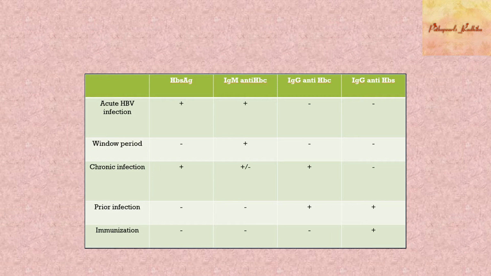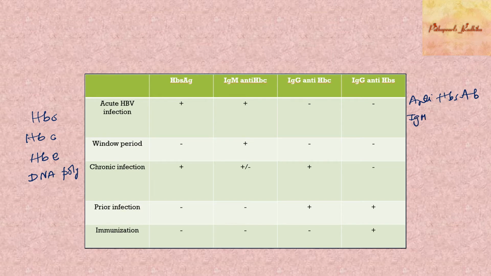And this is a very important table. Having discussed so many antigens, you must be familiar with everything. So you have HBS antigen, HBC core antigen, HBE antigen, and you have your DNA polymerase, and correspondingly you have anti-HBs antibody, then you have antibody against the core antigen.